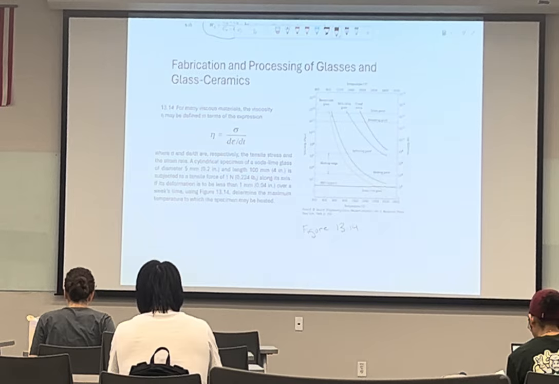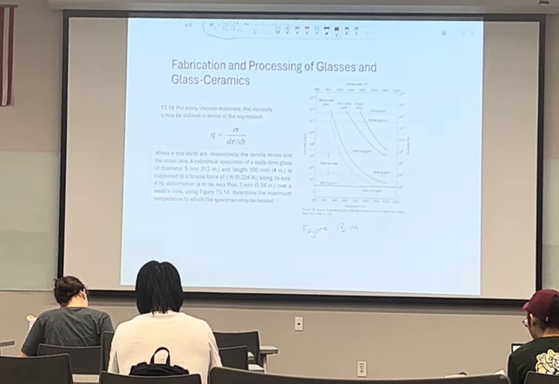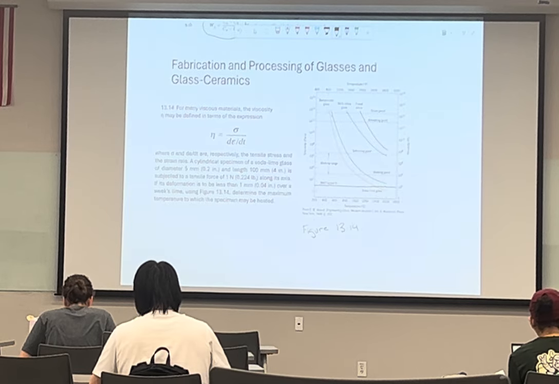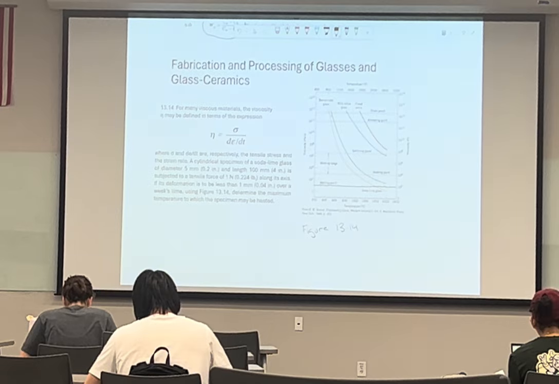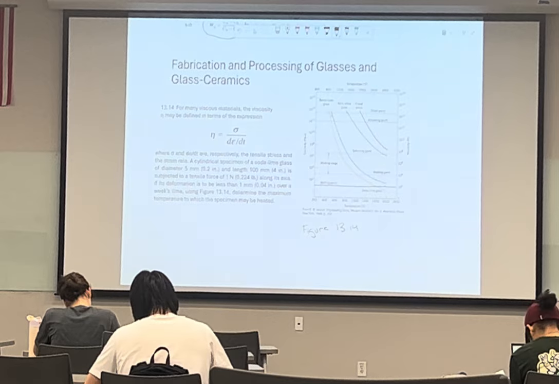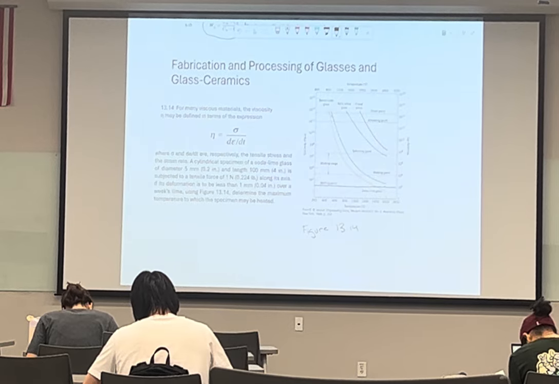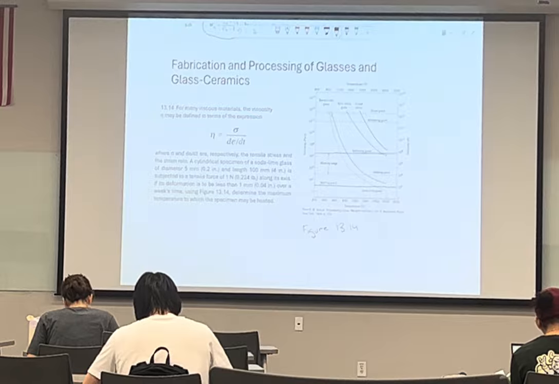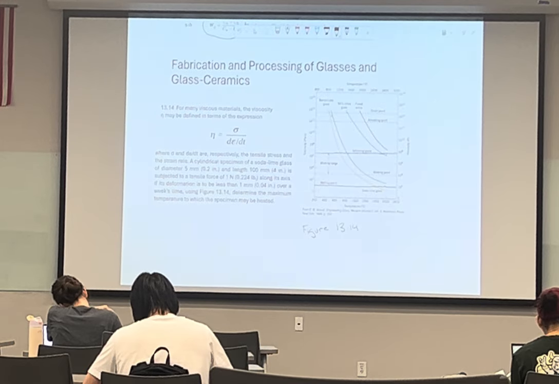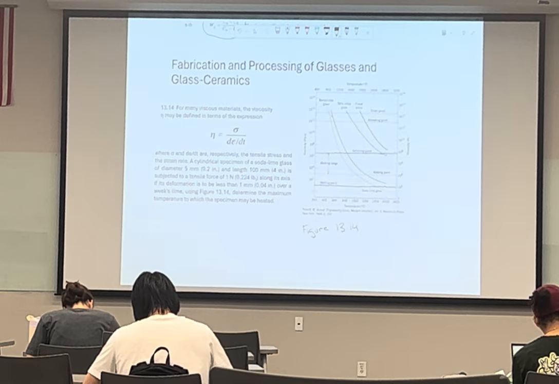And then the next point that they mention here is the softening point, the temperature at which the viscosity is 4 times 10 to the 6 pascal-seconds, or 4 times 10 to the 7 pascals. So up here at this point, above the working range, this is the max temperature at which a glass piece can be handled without causing significant dimensional alterations.